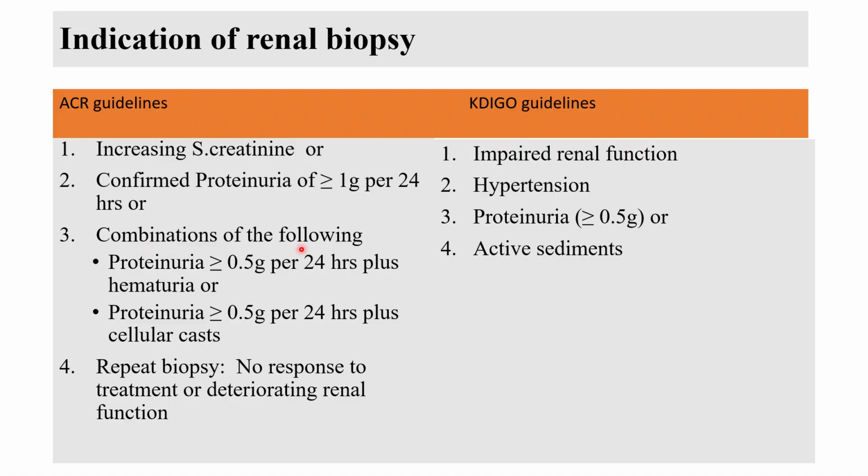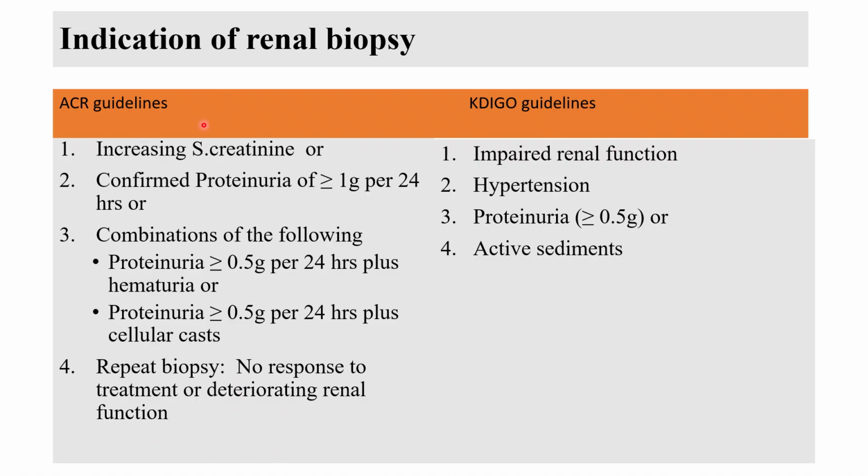or there is a combination of the following, that is proteinuria more than or equal to 0.5 gram per 24 hours plus hematuria, or proteinuria more than 0.5 gram per 24 hours plus cellular casts, or we can do a repeat biopsy if there is no response to treatment or deteriorating renal function.